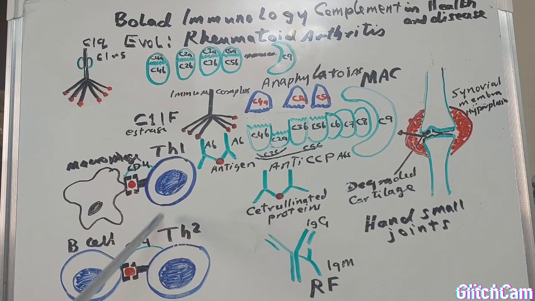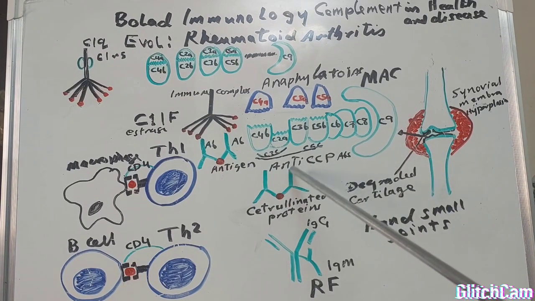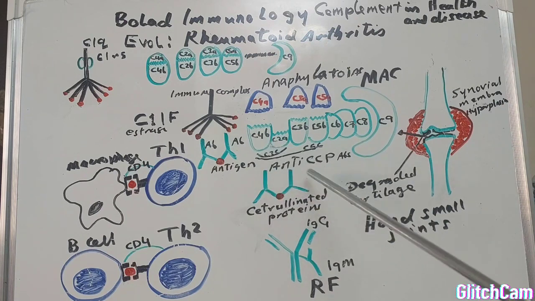And this leads to activation of T helper 2, and activated T helper 2 produces some cytokines, for example, interleukin 4, which is a growth factor for B cell, and so B cell gets activated and differentiates into B memory cell and plasma cell. So plasma cells produce antibodies to citrullinated peptides.